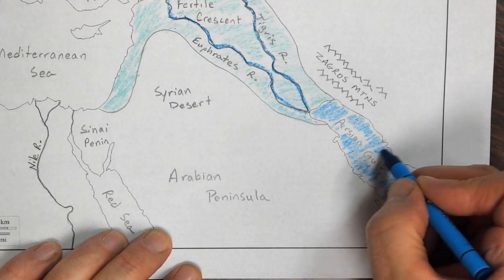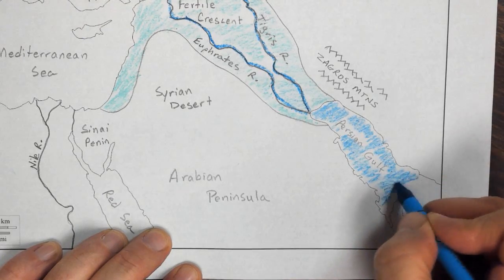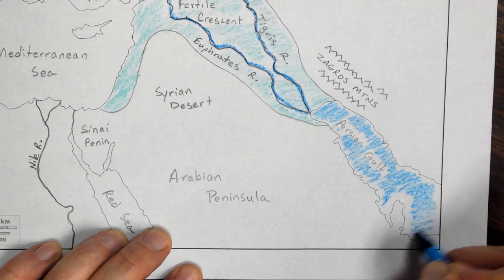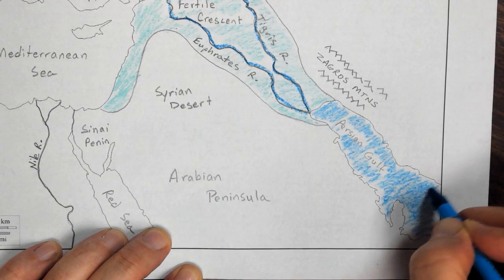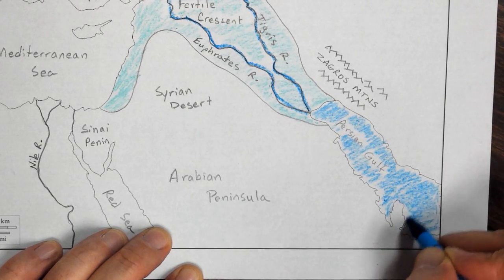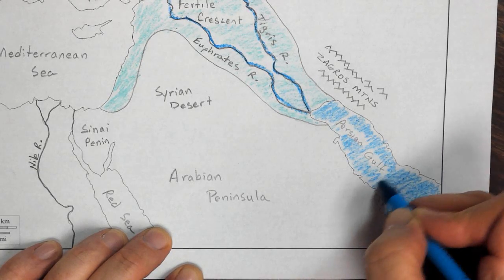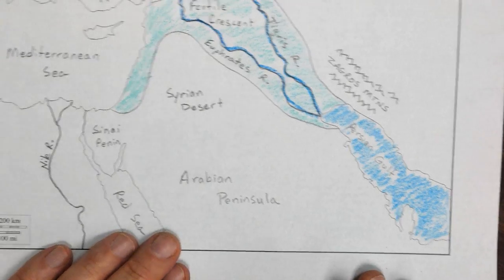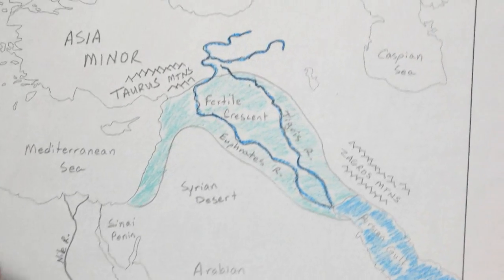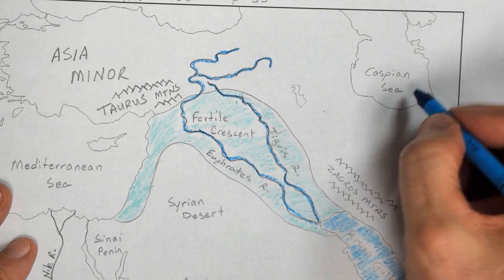So I'm coloring the Persian Gulf blue. Now look, you don't have to color every tiny inch and speck of every shape. We just don't have time for that. Okay? Caspian Sea has to be colored blue.